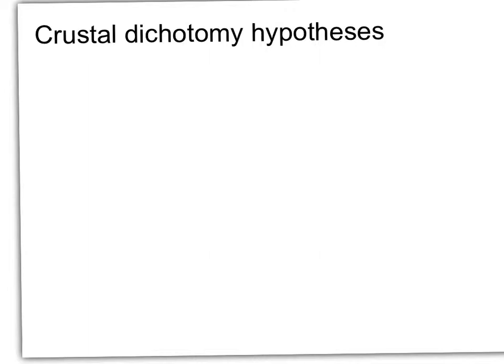So that's a big obvious structure on Mars. What are the different explanations that we can come up with to explain why the northern hemisphere is low and the southern hemisphere is high?